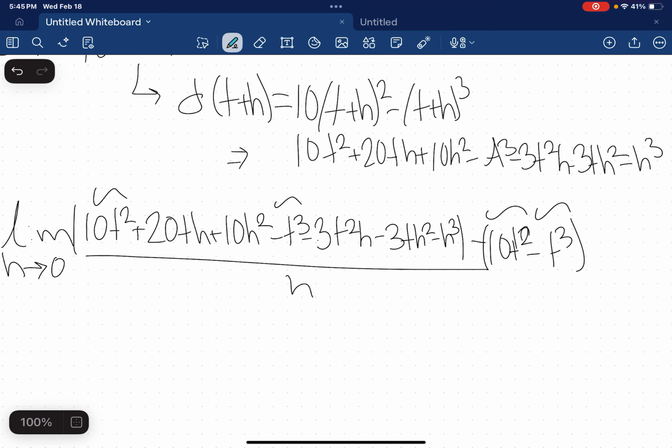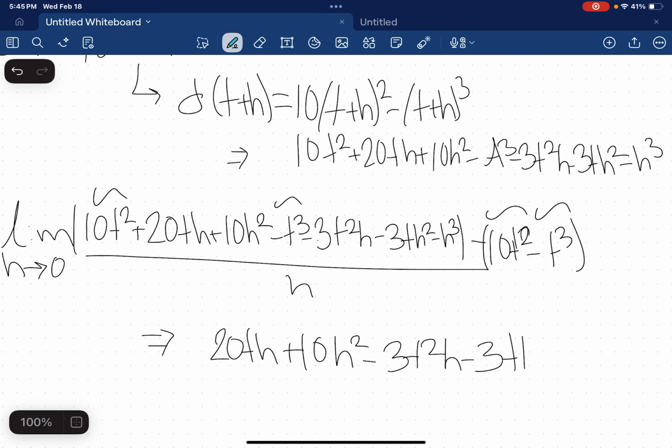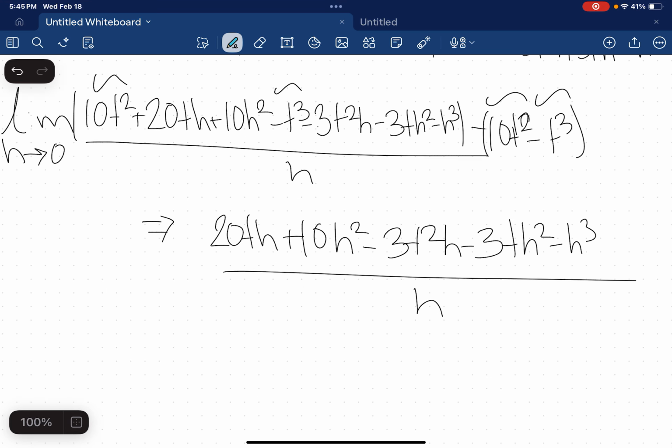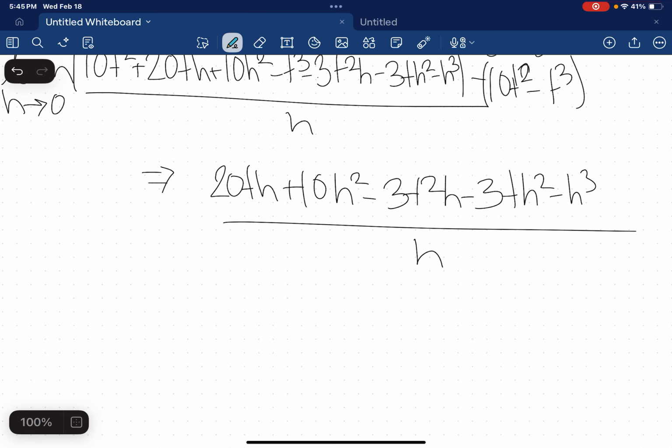Okay, so now we can rewrite this as 20th plus 10h squared minus 3t squared h minus 3th squared minus h cubed over h. And once again, all these h's cancel out to give us the derivative. In this case, it's not going to look like that since we're using displacement.